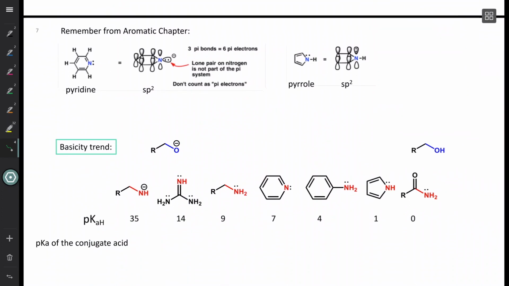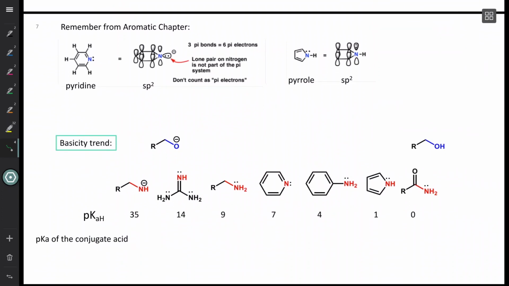So here's a quick reminder from the aromatic chapter when we looked at heteroatoms in aromatic structures. Pyridine is aromatic, but the lone pair on the nitrogen is at 90 degrees, and it's not actually part of the ring of the conjugated cycle. It's outside of it.